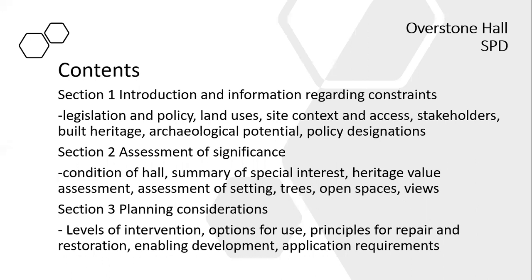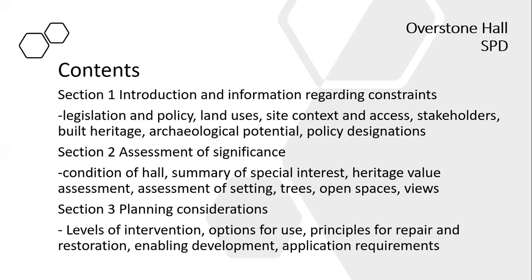The contribution of setting is also assessed with reference to other heritage assets and the impact of open spaces, land uses, views, and trees. All of the information in this section provides the framework of how to approach future decision-making, knowing which parts of the hall make the greatest or least contribution to significance.